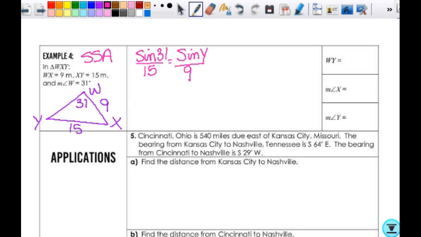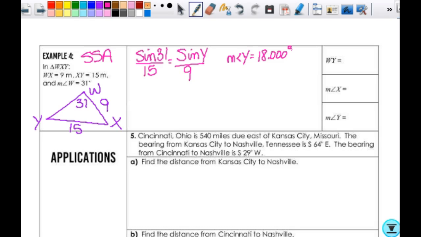That is not your answer. That's the sine of y. So then what do you do? Sine inverse. So then you get the measure of angle y equals 18.000 degrees.